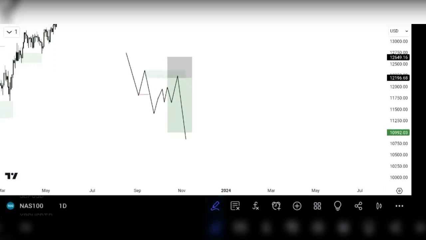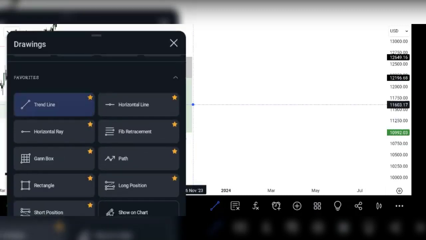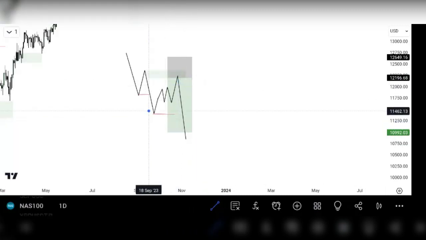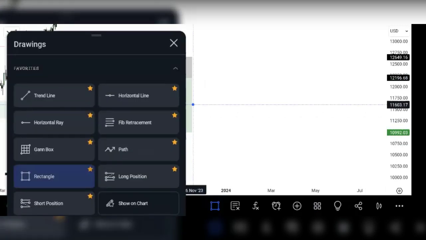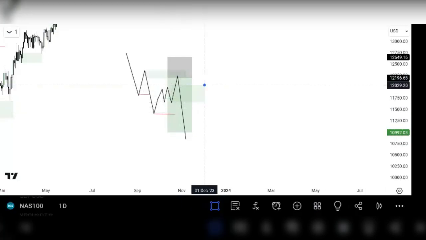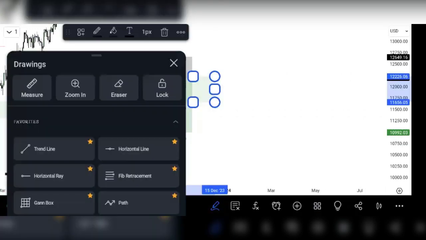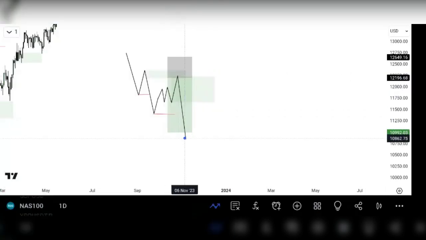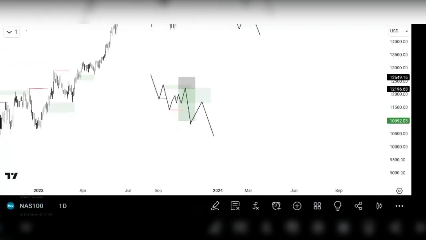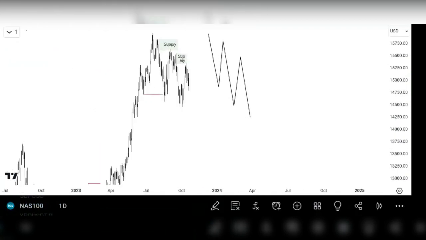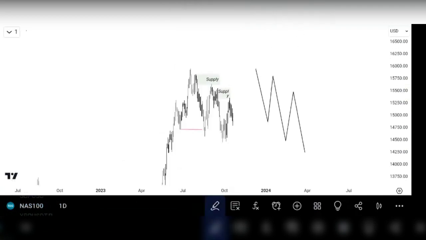Now, when this particular point breaks this structure, what should you be expecting? This was the move that sponsored the break of this structure. Then you pick the whole of this point, and you see that price will come back into that same point, tap into it, and break again. And the downtrend continues. Look at what we have here. Let me clear my screen at this point and I show you something.